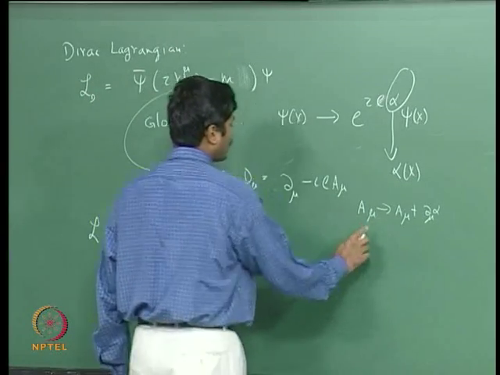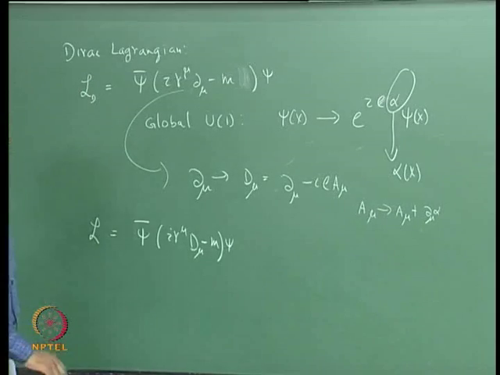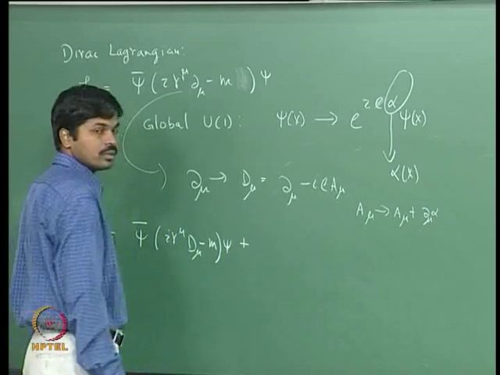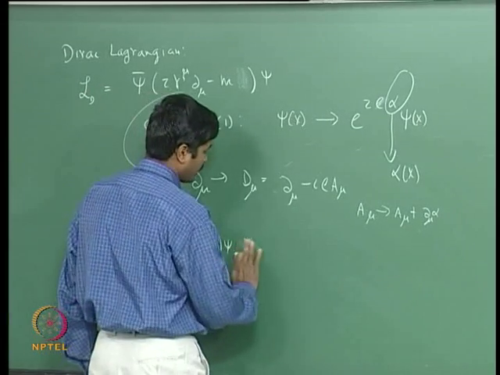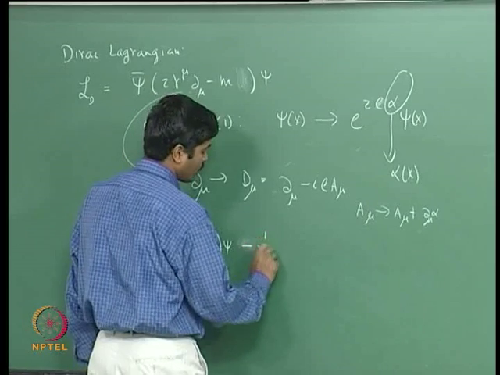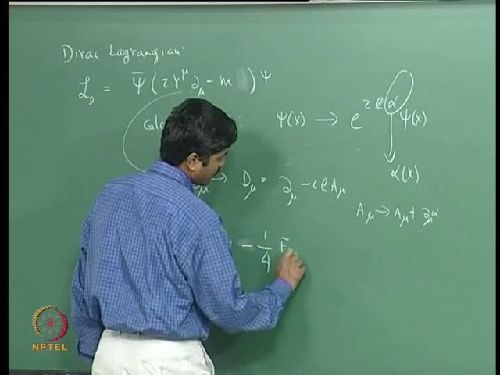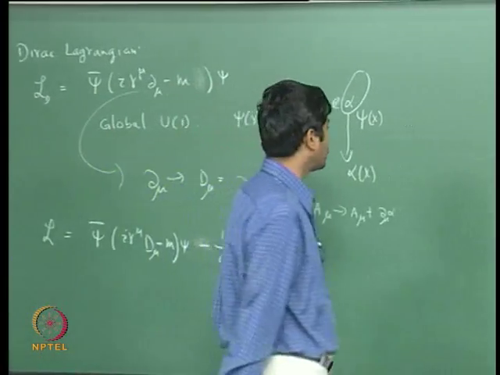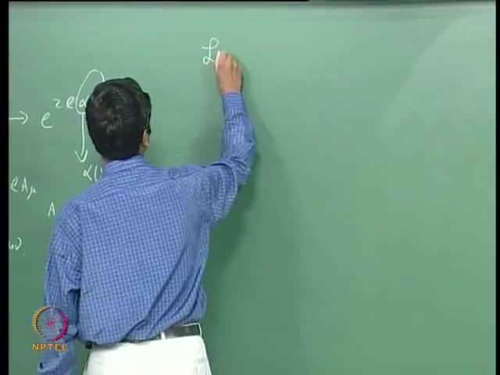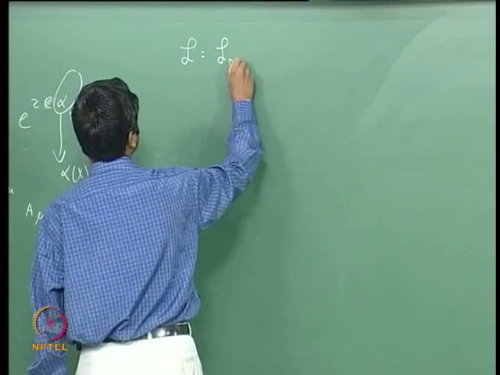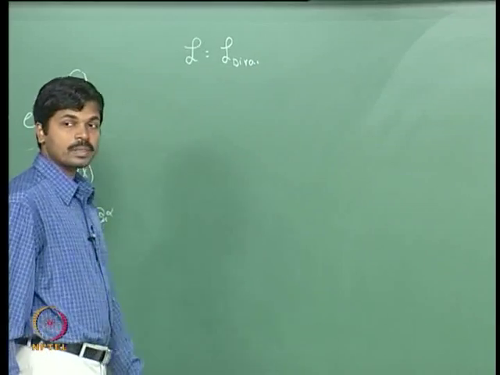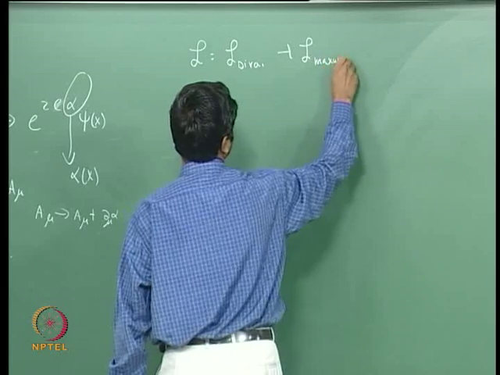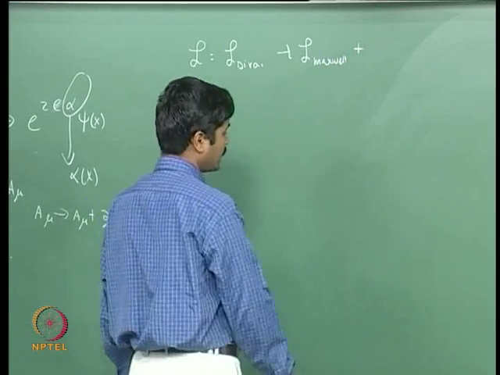If we would like to incorporate the dynamics of the gauge field as well, then we will add to this the Maxwell Lagrangian, which is given by −1/4 F_μν F^μν. As a result, we get a Lagrangian density which contains the free Dirac Lagrangian, the free Maxwell Lagrangian, and the interaction between them.